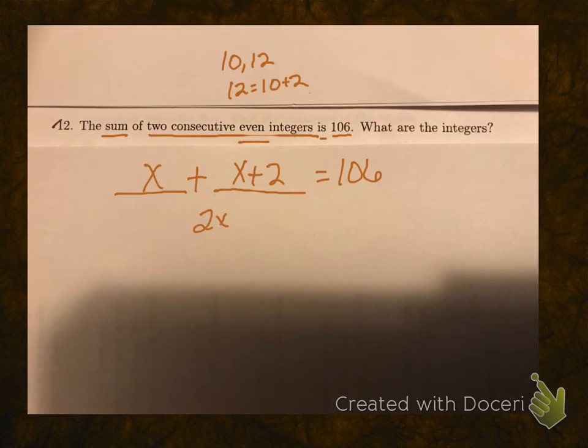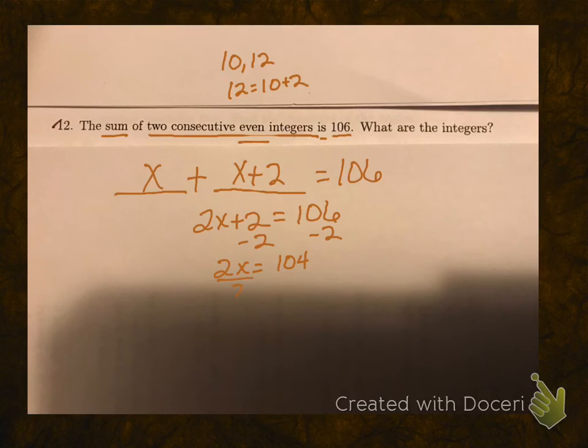Combine like terms, I get 2x plus 2 is equal to 106. Okay? Subtract 2 from both sides. 2x is equal to 104.